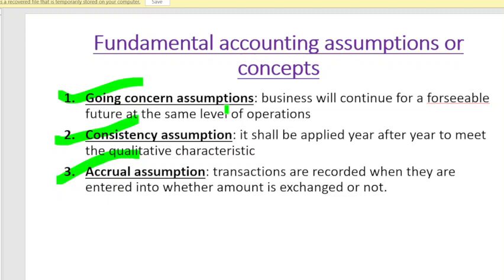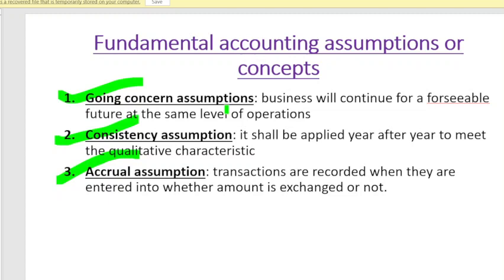So this is a going concern, that the business is going to sustain over a long period of time. Then comes consistency, which means that you follow a trend year by year equally, the same, without any change. Take the example of depreciation calculation. Depreciation is the wear and tear of the value of assets. When the value of assets is reduced, the reason could be wear and tear, obsolescence, or whatever.